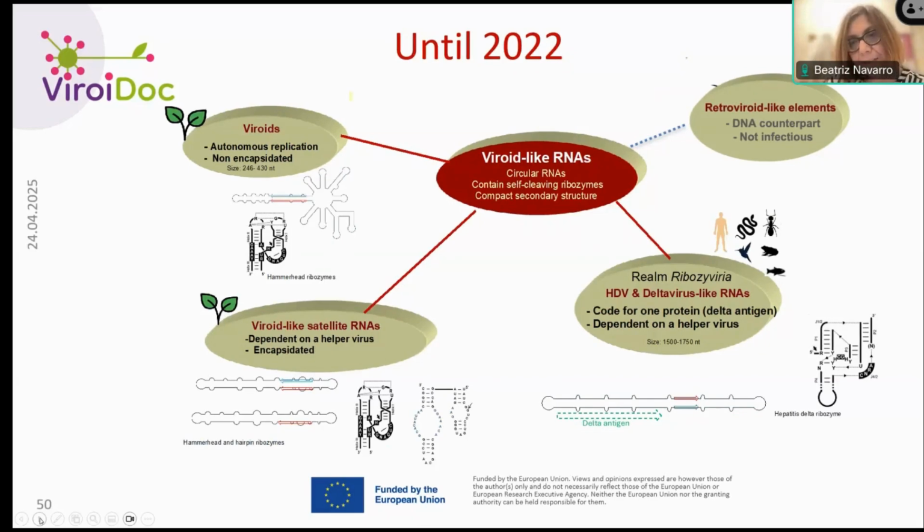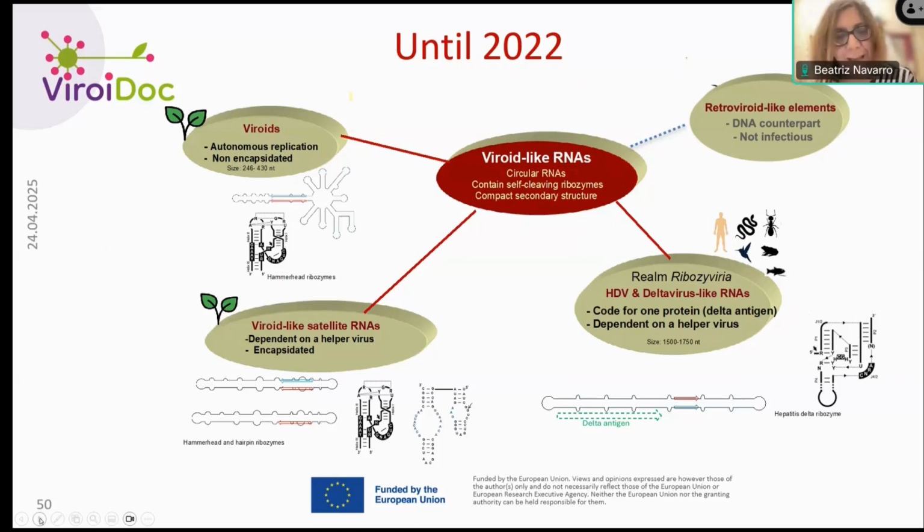These retrovirus-like elements have been found widespread in almost all types of organisms. So until 2022, the infectious viroid-like RNAs were found only in plants and animals.